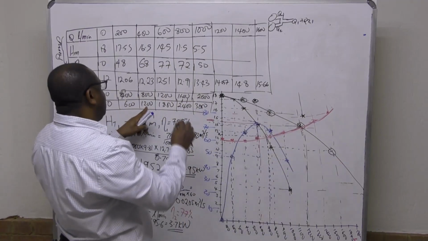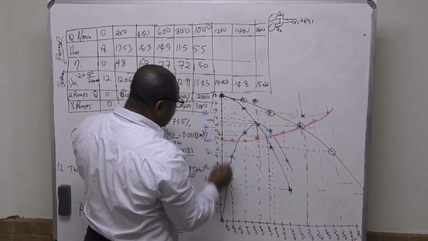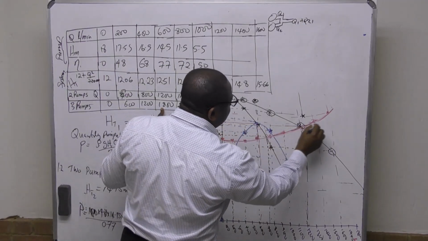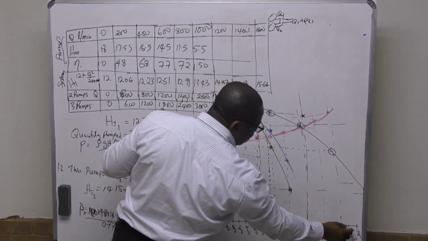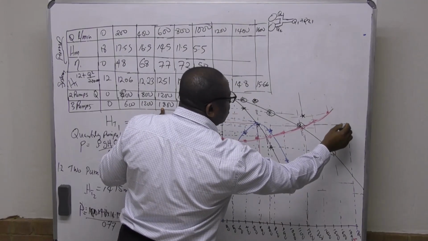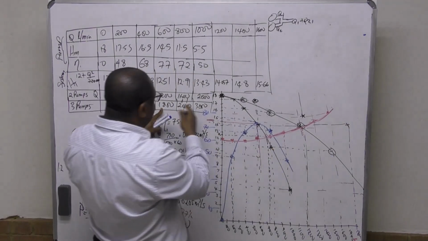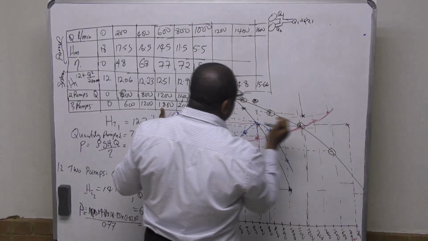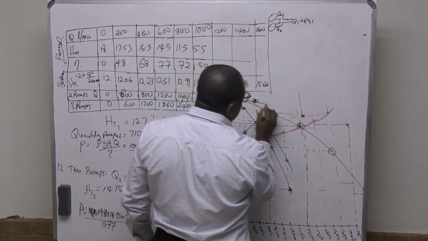And then 14.5, this shoots to 1,800. I will not even continue because this has crossed that. So I'm going to draw this.